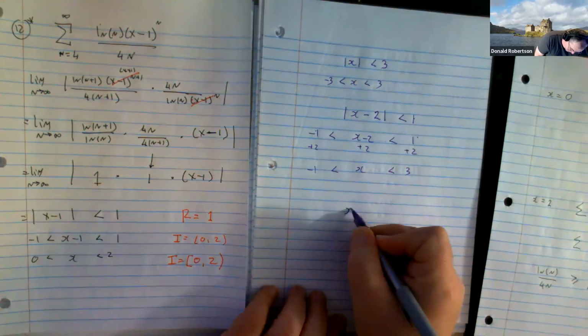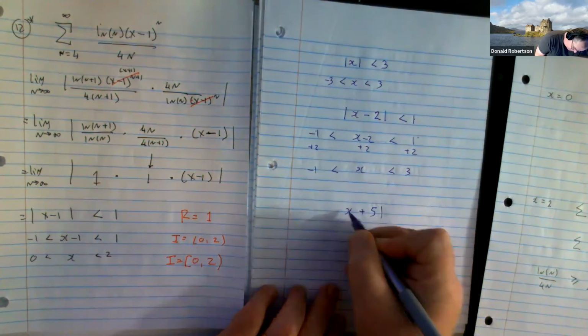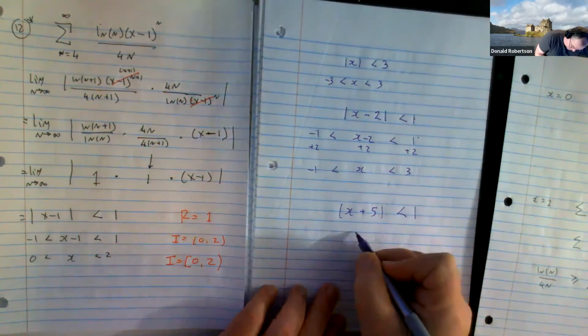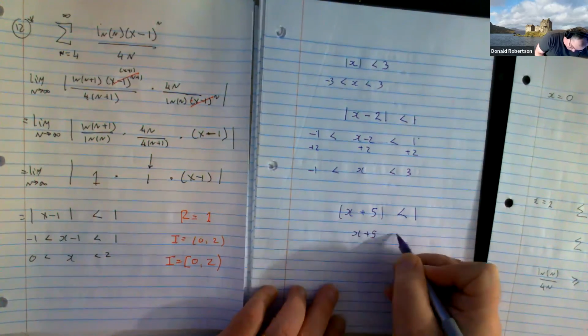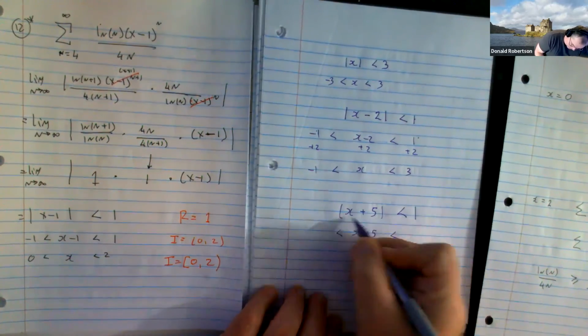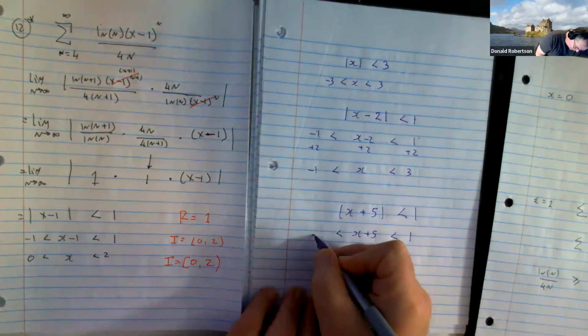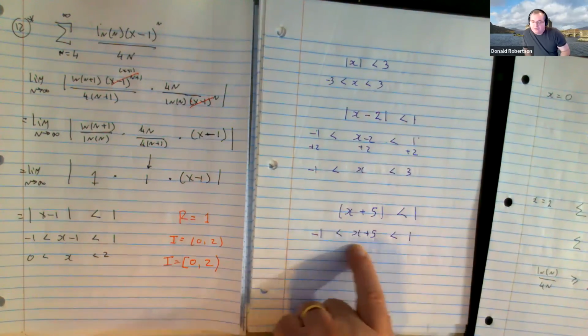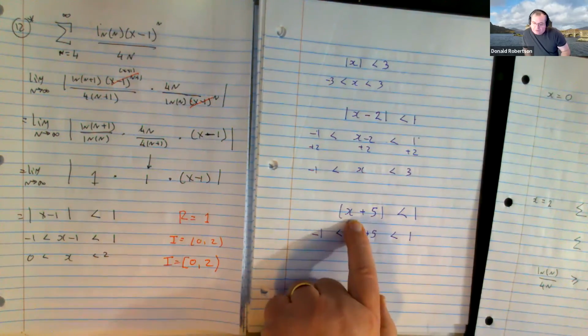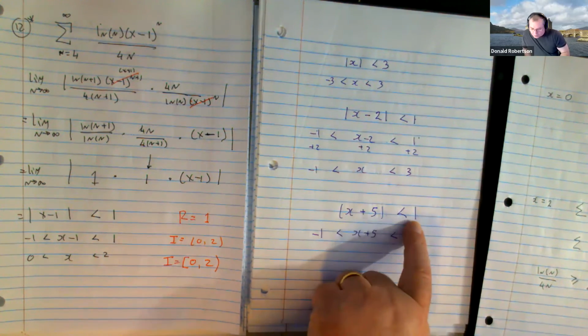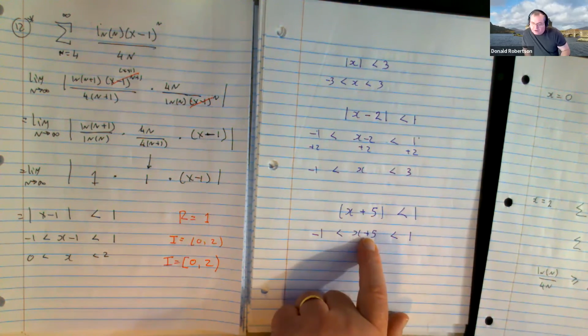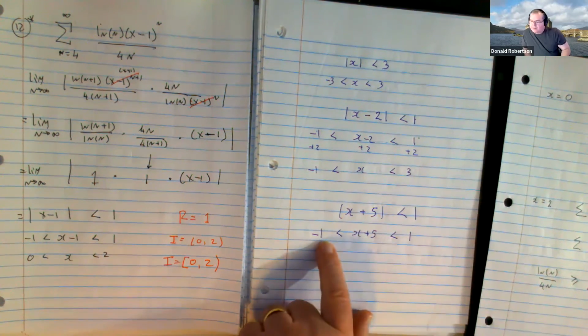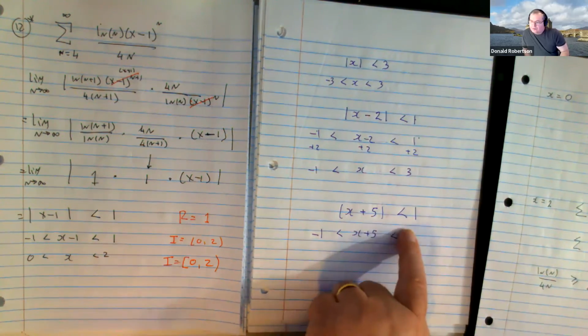Of course, if you get an x plus 5, like this, then the absolute value equation gets translated into this situation. So if the absolute value of x plus 5 is less than 1, that means that x plus 5 has to be between 1 and -1, right? That's what makes its absolute value work.